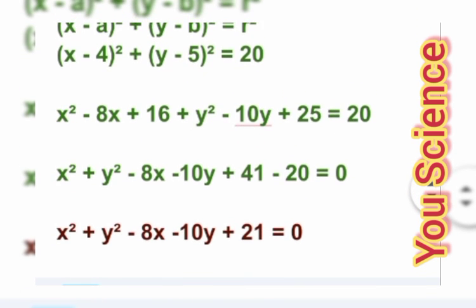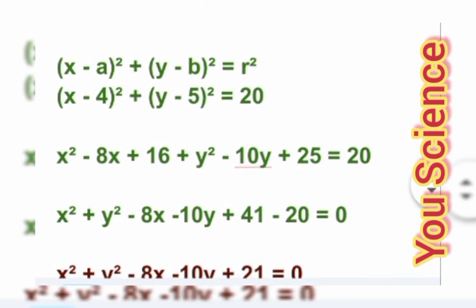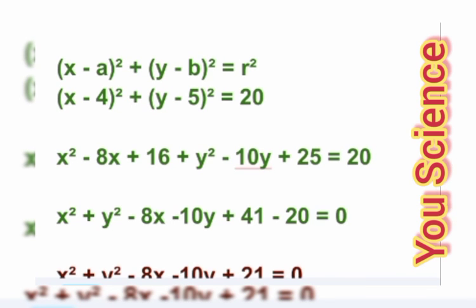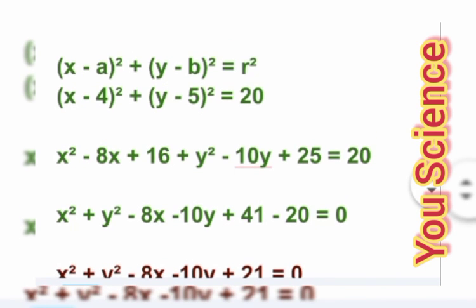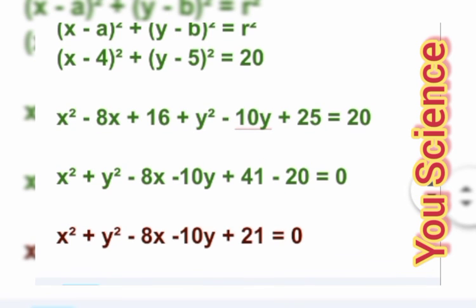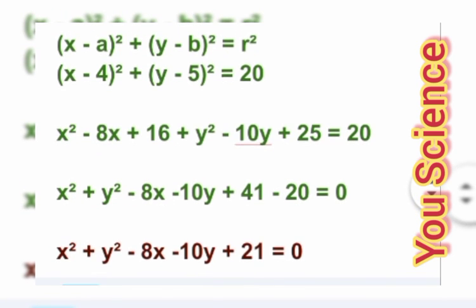By bringing everything to the left hand side, I have x squared plus y squared minus 8x minus 10y plus 16 plus 25, which is 41. Then I bring minus 20 to this side, so I have 41 minus 20, which is 21, equals 0. So the equation of the circle becomes x squared plus y squared minus 8x minus 10y plus 21 equals 0. That gives us the equation of the circle.